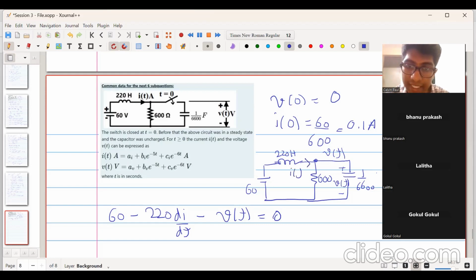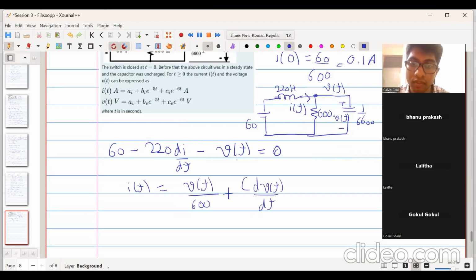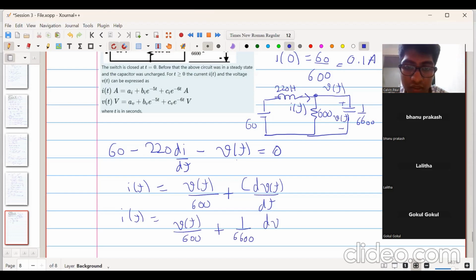Now, on applying KCL, we get I of t equal to V of t upon 600 plus C into dV of t upon dt. This is the current through the resistor and this is the current through the capacitor. Thus we have two equations: I of t equal to V of t upon 600 plus 1 upon 6,600 into dV upon dt.